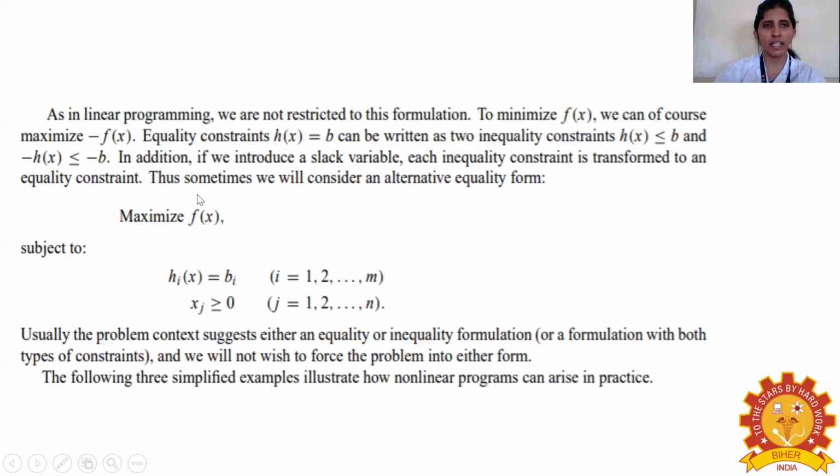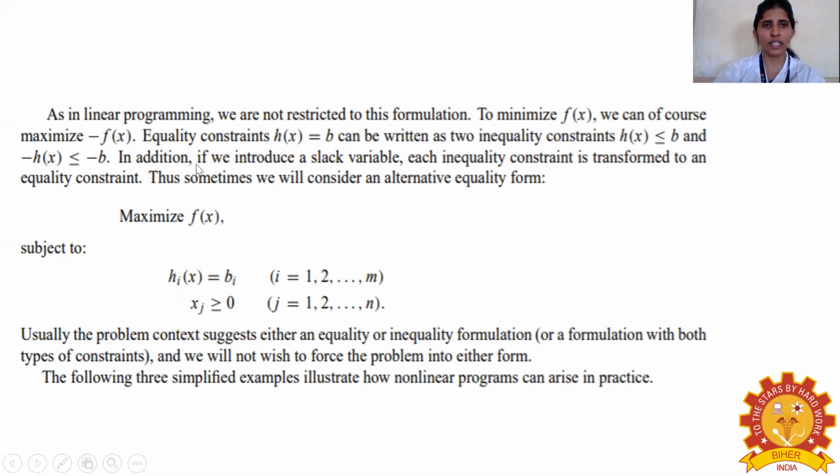Okay, so as in linear programming, we are not restricted to this formulation. So in order to minimize f of x, we can of course maximize minus f of x. Okay, so this is another form, and the equality constraints we denote as h of x equal to b can be written as two inequality constraints: h of x less than or equal to b and minus h of x less than or equal to minus b.